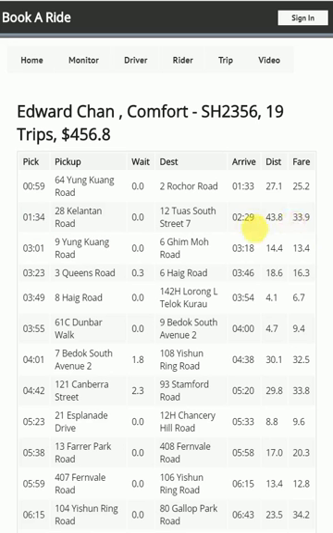He drove until 2:29, and 2 minutes later, he got another customer. You can see this booking system is very efficient in making sure the taxi drivers get as many bookings as possible.